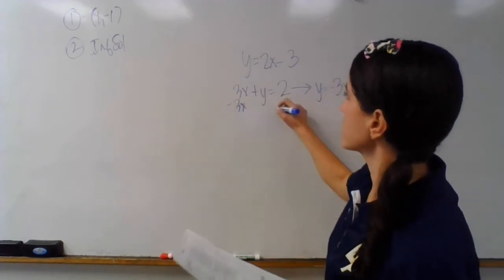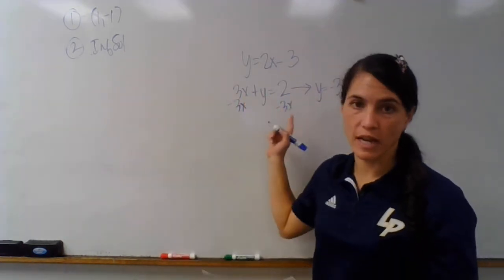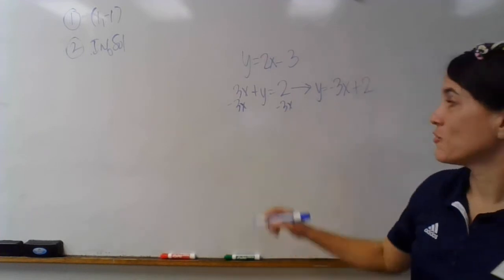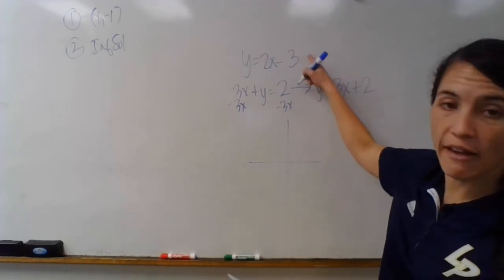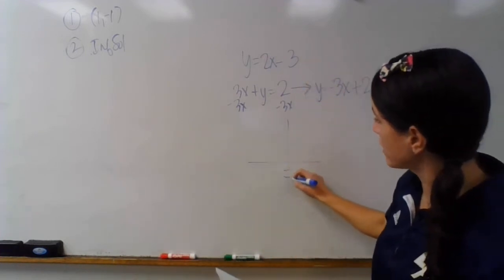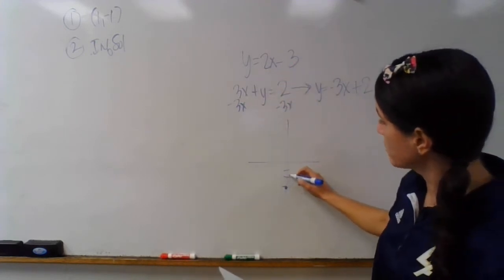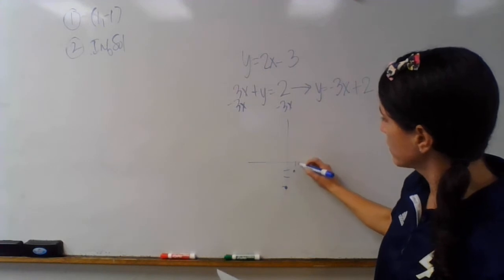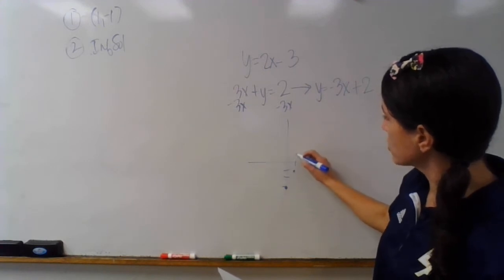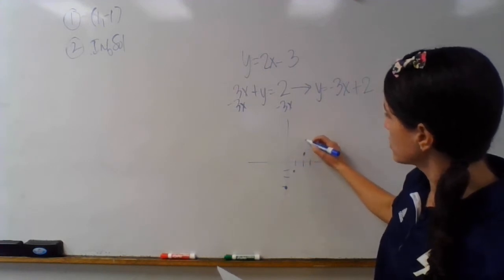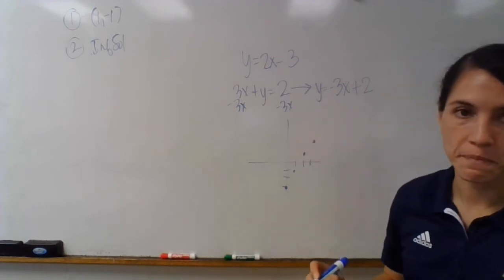So you would subtract 3x from both sides. And then when you graph them, to graph this one, I would start down at -3, and then my slope is 2, so I go up 2 over 1, up 2 over 1, up 2 over 1, something like that.